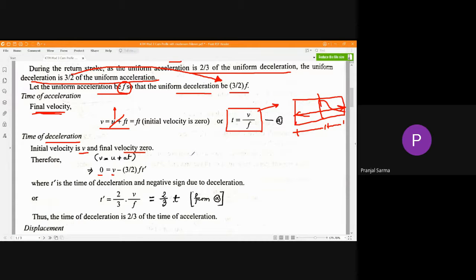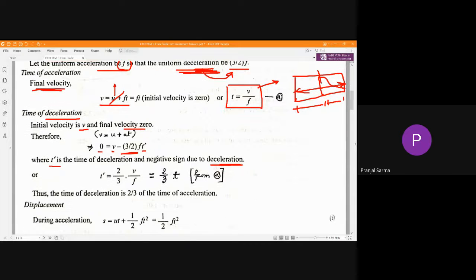We are talking about the deceleration or retardation. So t, we can write, this is the uniform deceleration value, 3 by 2 f this much, and t is t dash. So t dash we are considering as the time of deceleration, and this negative sign is because we are talking about the deceleration value. Already you have obtained how they are related, that is 3 by 2 into f. So this much we have written, 3 by 2 into f.